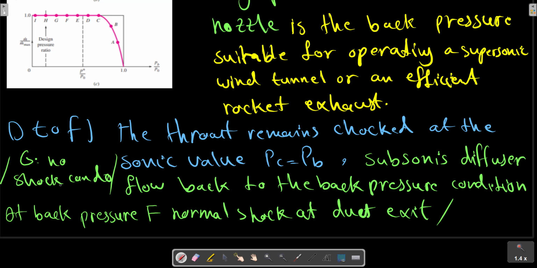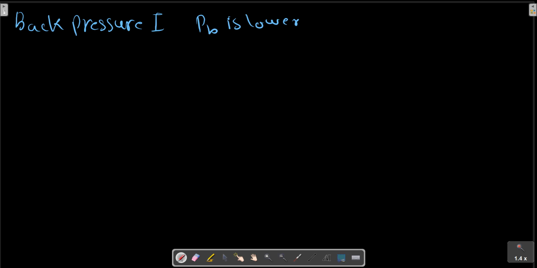Finally, for back pressure I, PB is lower than the design pressure H, but the nozzle is choked and cannot respond.